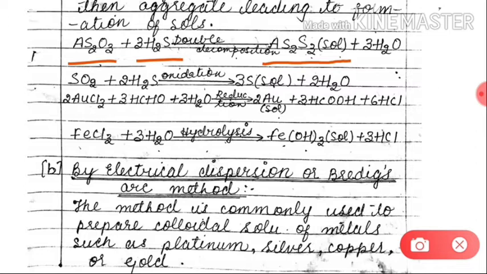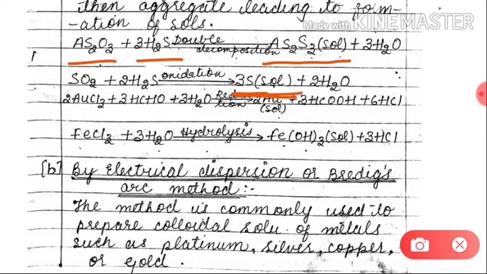Second, sulfur dioxide reacts with hydrogen sulfide, an oxidation reaction takes place, and here the compound formed is 3S. 3S means only sulfur particles will be formed, and their size will be equal to the colloidal size, that is from 1 nanometer to 1000 nanometer. So this is also a substance formed which has the dimension equal to the colloidal dimension.